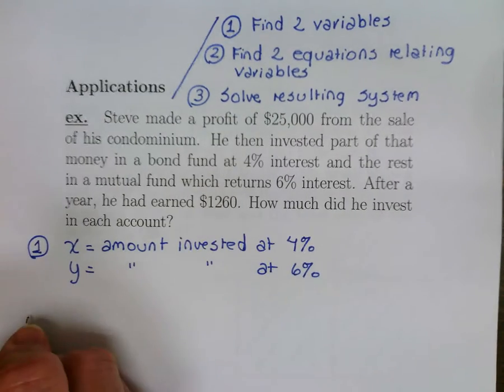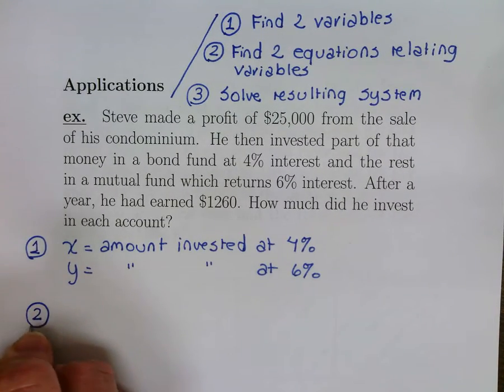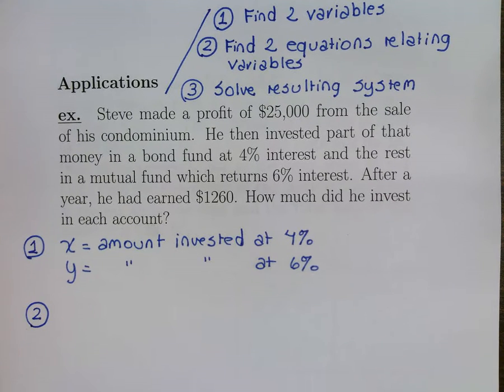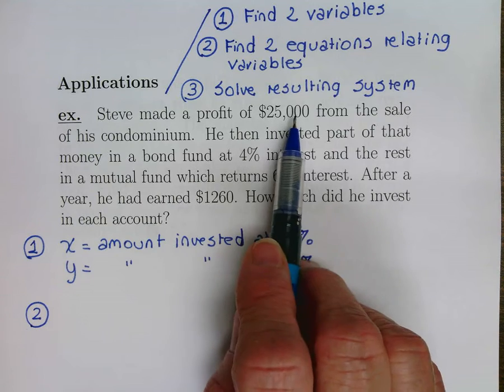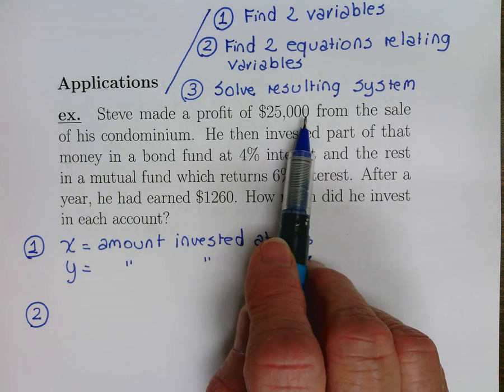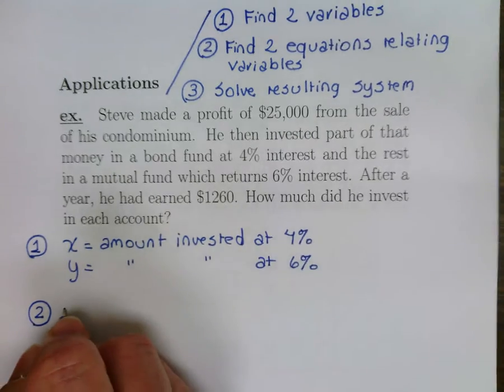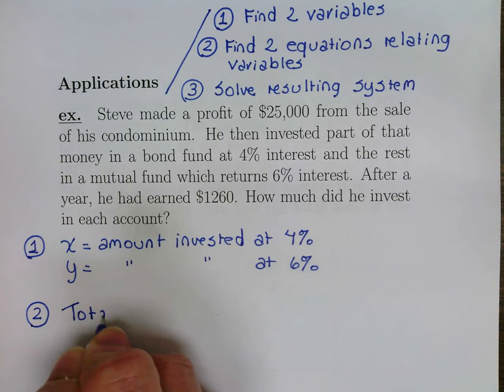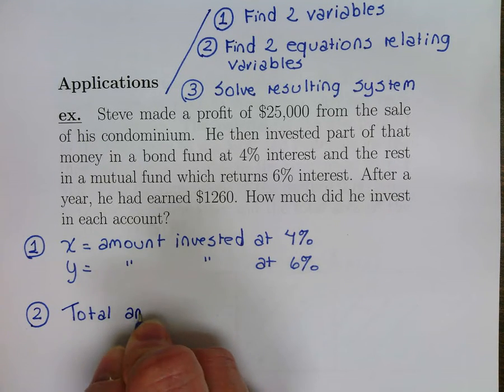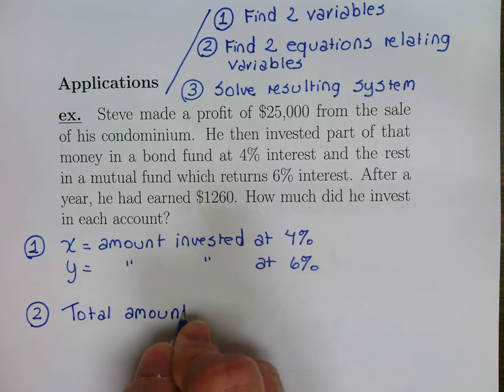Okay, now I have to find 2 equations. And they're based on 2 things. What do we know? We know, first of all, how much he invested in total, which is $25,000. So our first equation is going to be based on the amount that was invested.